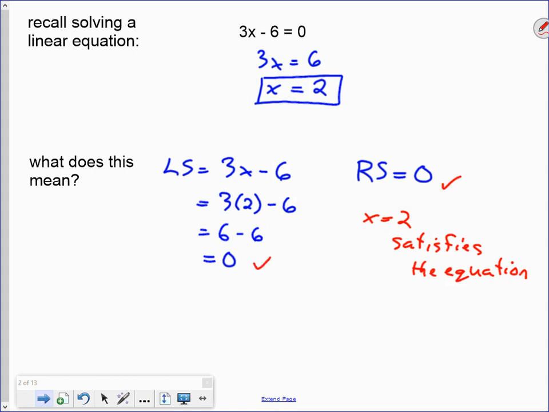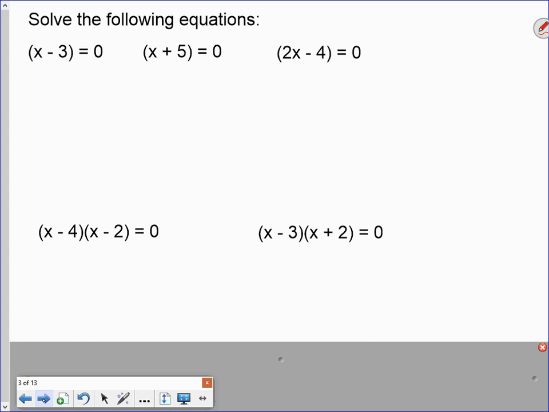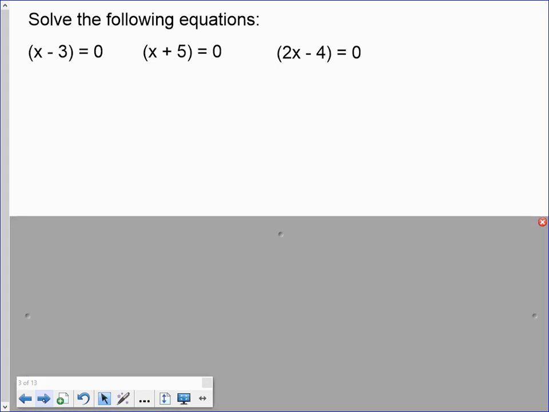All right, here we've got a series of linear equations that we want to solve: x minus 3 equals 0, x plus 5 equals 0, 2x minus 4 equals 0. It shouldn't take you more than a quick glance to see what the solution is. My solution here is x equals positive 3, because positive 3 minus 3 equals 0.